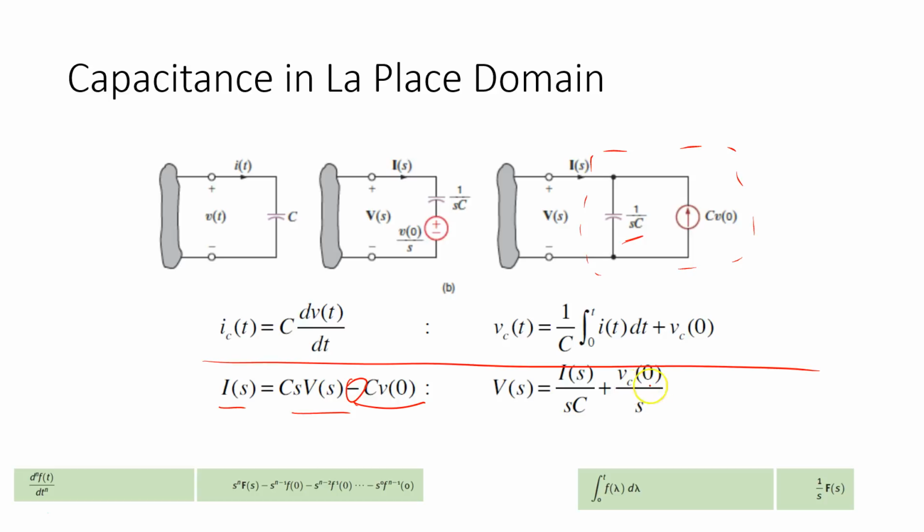And then v(0) on s is the voltage source, because we're looking at voltage now. So you see here we get a Thevenin equivalent, and you could convert these back and forth, Thevenin to Norton, and you should get the same thing.